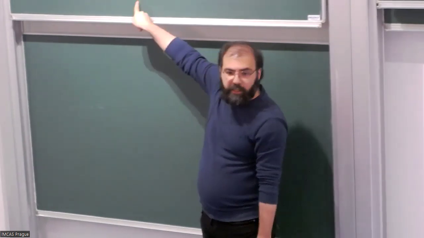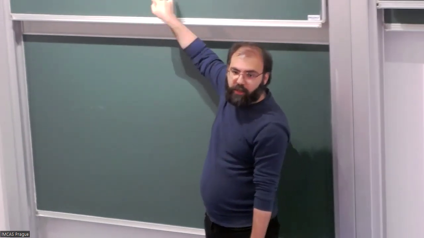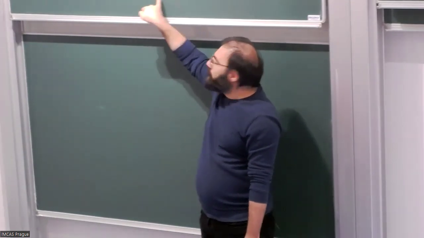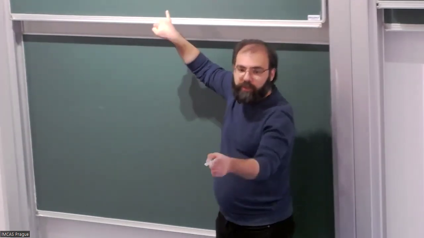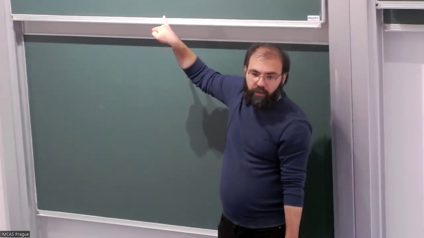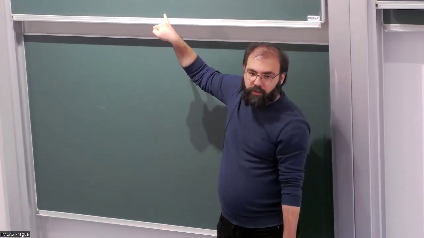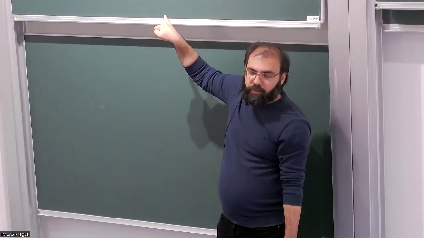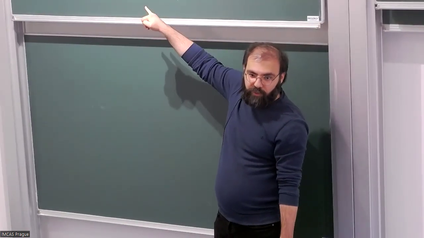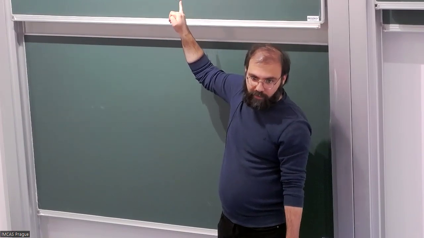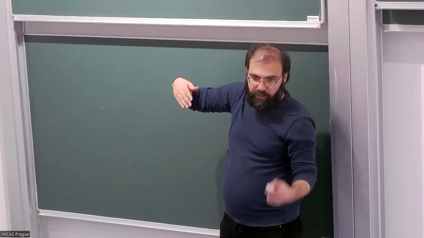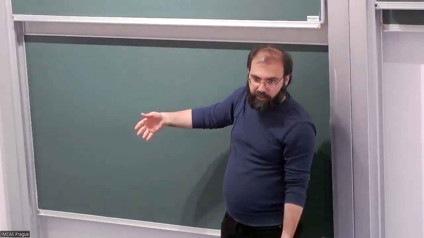So C is an initial object if for any other object X, there exists exactly one morphism from C into it. Because from the empty set, you have just one morphism to anything, and that's just the empty function. And of course, it is the only thing that has this property.